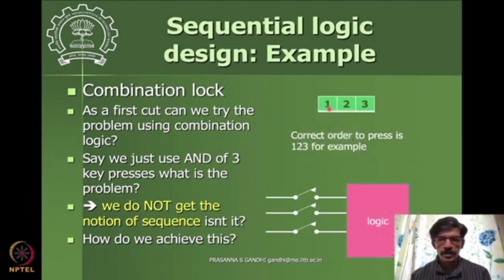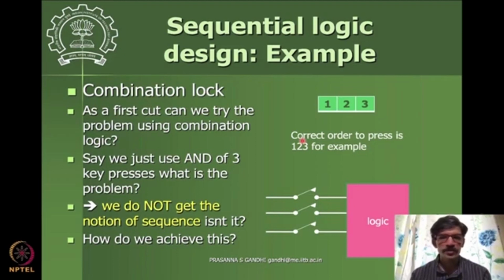If they are pressed in the sequence 1 first, 2 second, and 3 last, then only this lock should open. With any other sequence, the lock cannot open. So we are given this problem to solve. Now suppose we put our combinational logic with switches that give 1 or 0, where the output of a switch is 1 when the switch is on.